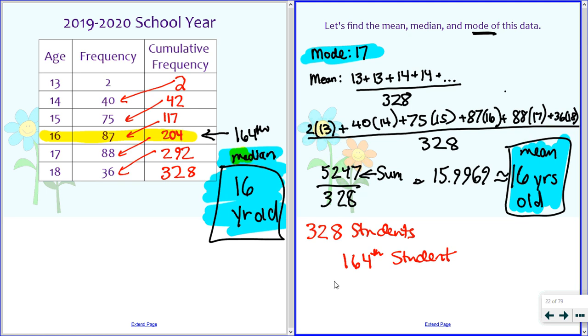But just as a reminder, what we did is we took the number of students and divided them by 2, because the middle number is going to be right the place where the number of students is divided in half. And so that's going to be right after the 164th student, and the 164th student is going to be 16 years old. Okay, so that's how that calculation was done.